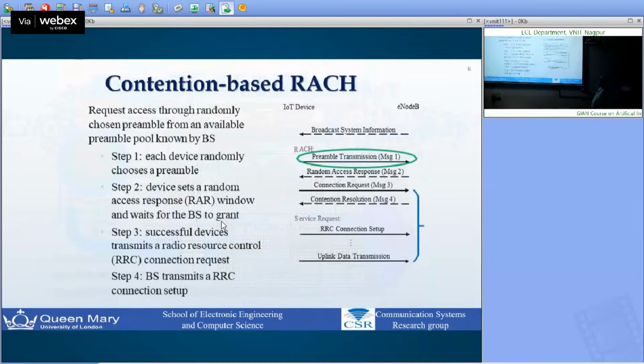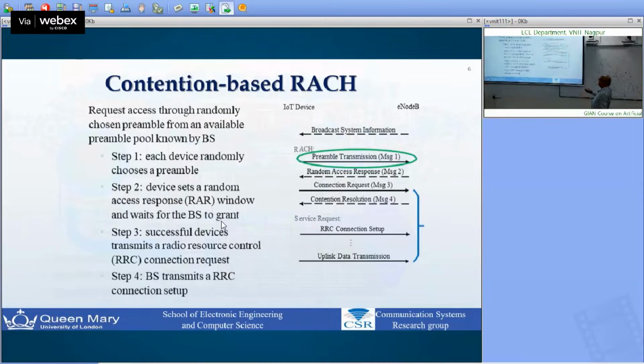So it takes the preamble, transmits, and waits for this random access response window. Then once the device establishes the connection, there is the radio resource control connection request, and once the base station approves, the RRC connection setup.